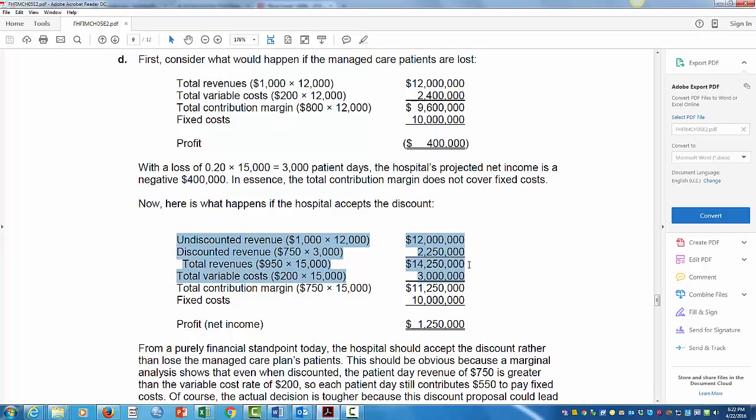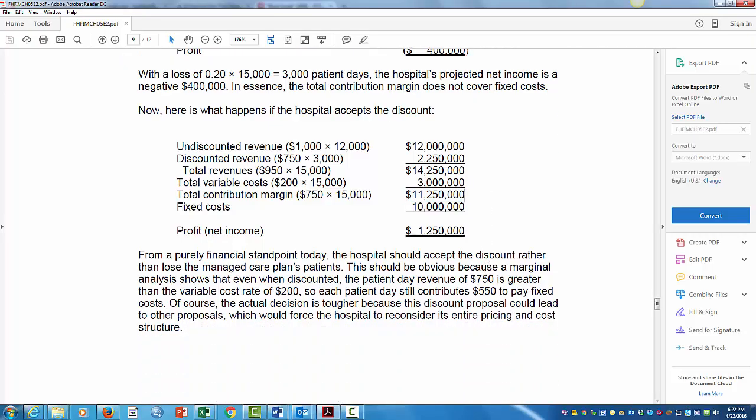Our variable cost will come to $3 million, and therefore our contribution margin will be recalculated at 11,250,000 minus the 10 million in fixed cost will give us a profit of 1,250,000. So that would be an advantage with the discounted revenues.